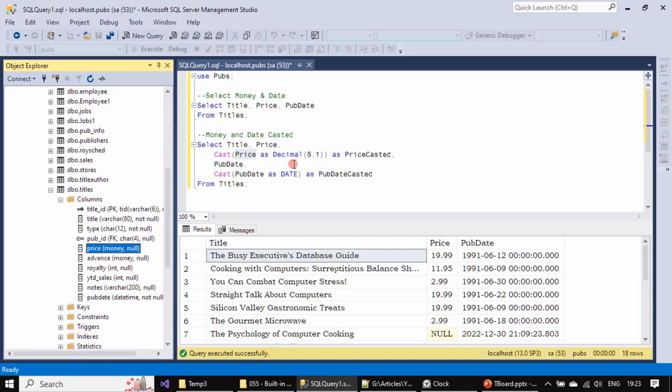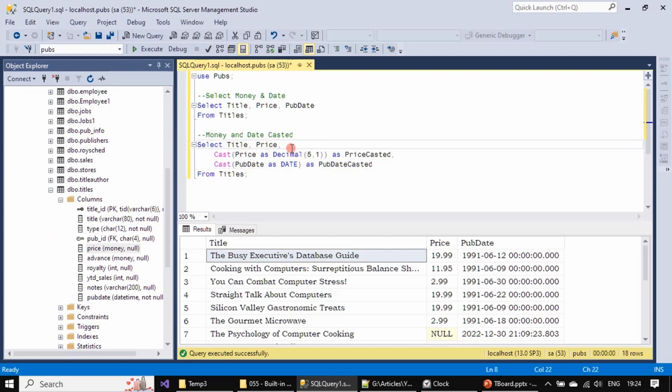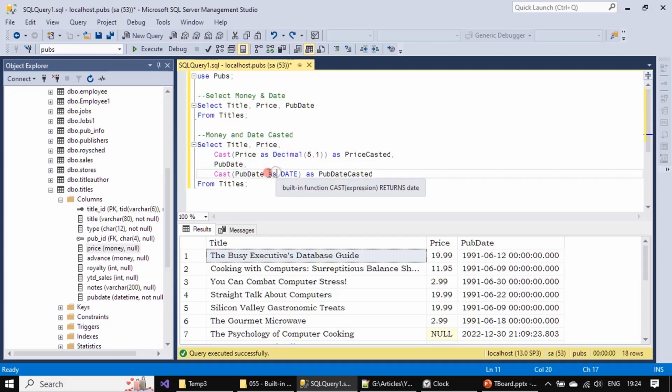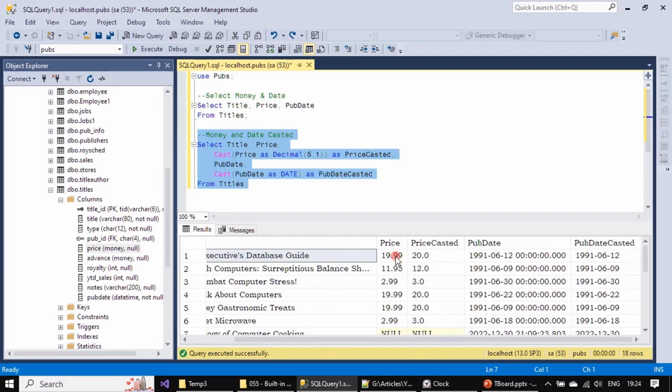So we will put publishing date here. Okay, it will be here only. Now if you look, this is price and this one is the casted price. The price is in money format.